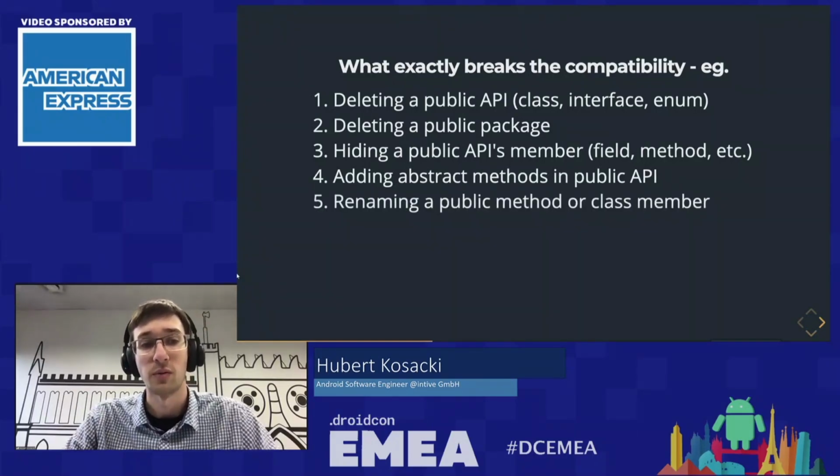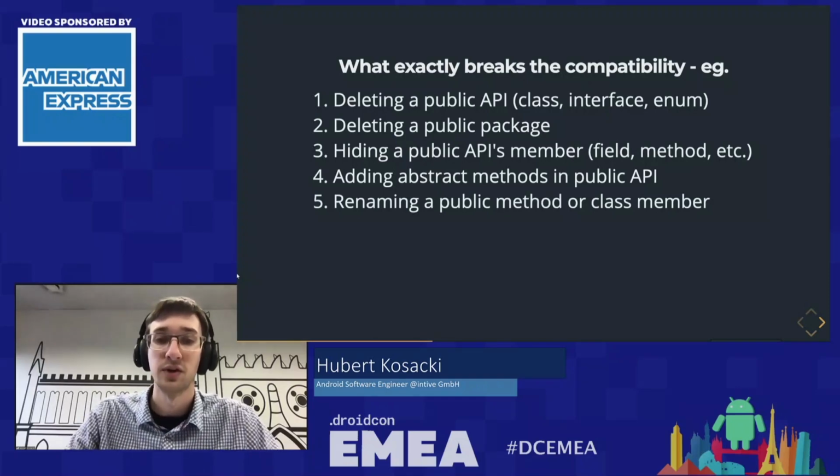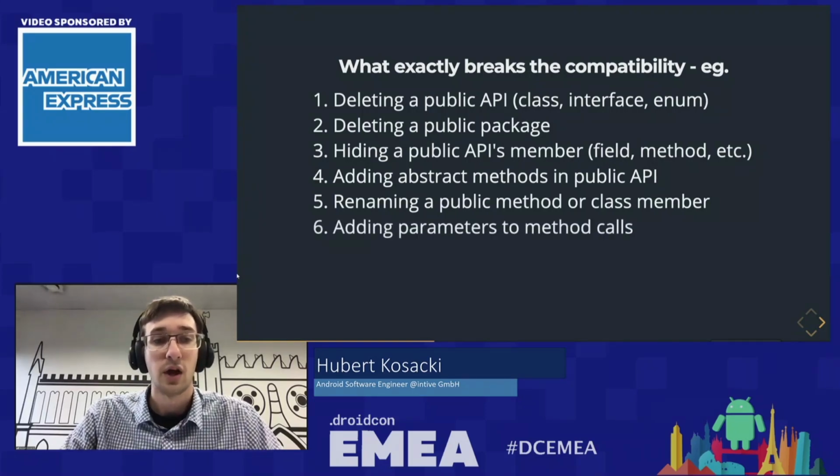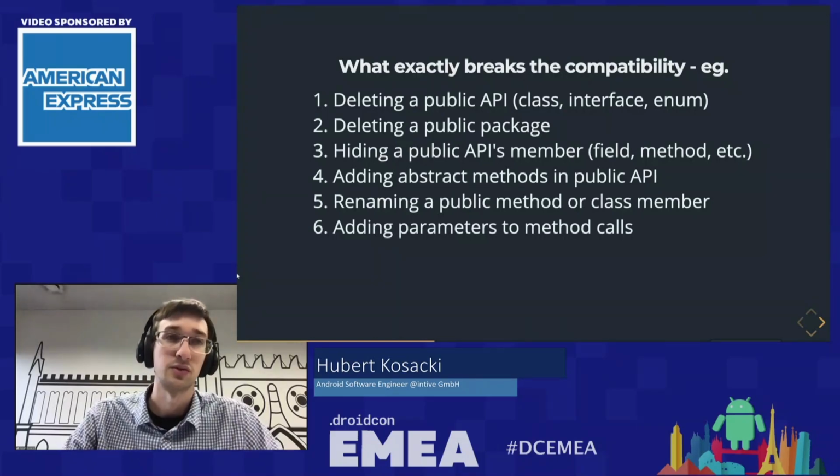Also, when we rename a public method or a class member, this is equivalent to a signature change, and this means that the existing references will start to fail. Adding some new parameters to the method calls will also result in a signature change, so the result will be exactly the same as in the previous point.